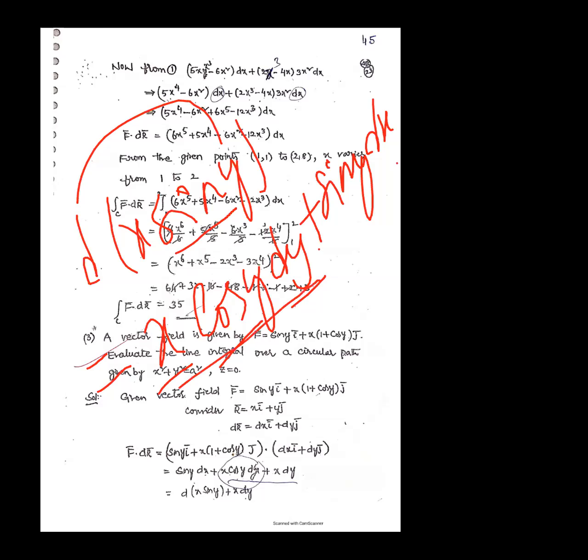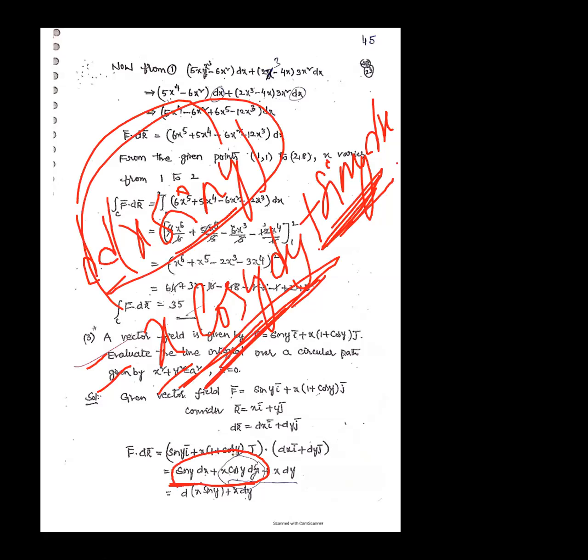Here x cos y dy plus sin y dx are two terms, and it is possible to write them as the derivative of x sin y. It is a shortcut to getting the answer easily. So derivative of x sin y equals x cos y dy plus sin y dx. We write these two terms as a single term, and x dy is the same.